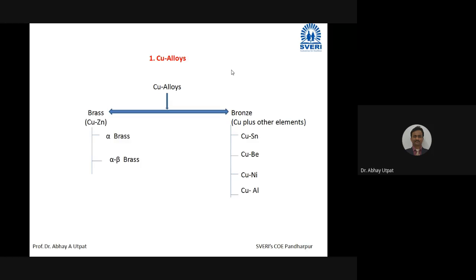When you add nickel, beryllium, tin, or aluminum into copper separately, they are called tin bronze, beryllium bronze, nickel bronze, and so on. Copper is the base. Now we are going to see these elements one by one along with their properties and applications.